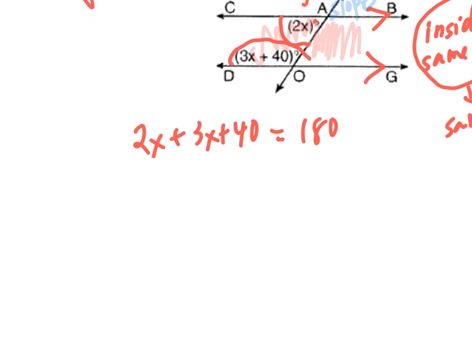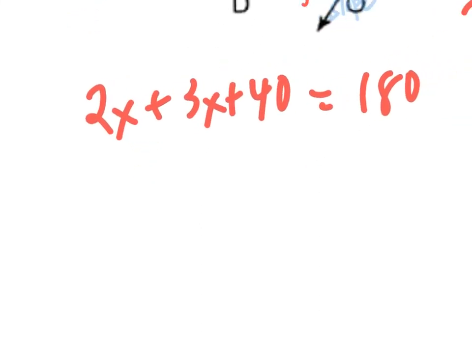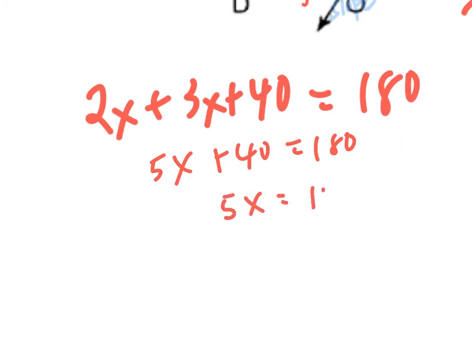I'm going to work some algebraic magic in order to solve for this. 2x and 3x are my like terms, so this is going to be 5x. We didn't do anything to 40, so bring it down, equals 180. I'm going to subtract 40 on both sides to get 5x equals 140. And so x is going to equal, what is that, 28?